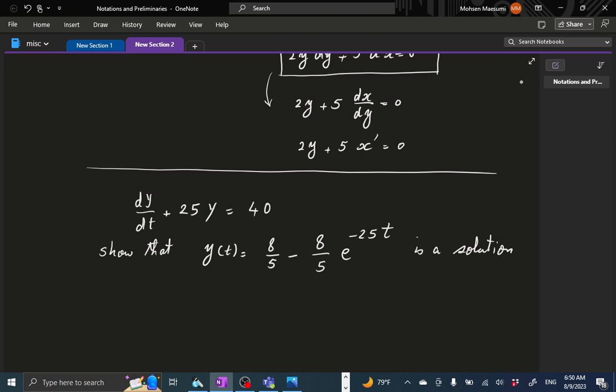Well, what does that mean, to show that something is a solution? It simply means that if I go ahead and find the required derivatives and plug it back into the given equation, I will find out that the left side is equal to the right side. That is, putting this back into the equation makes it a true statement.